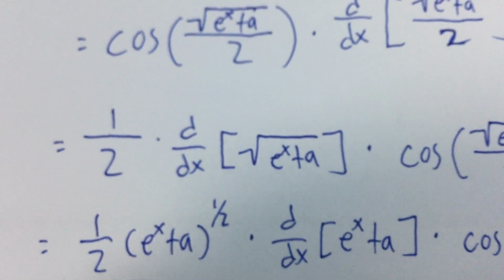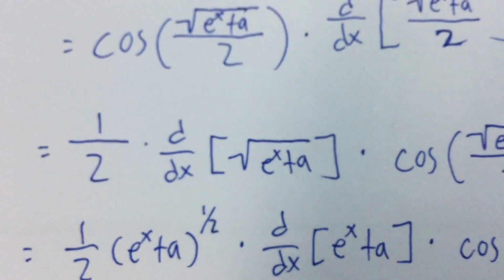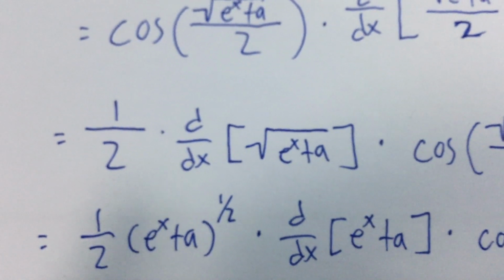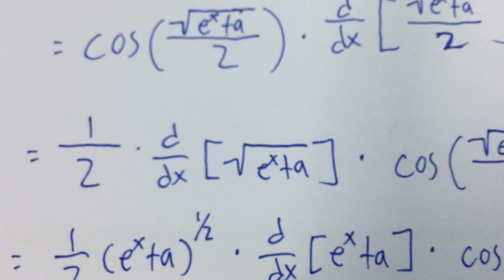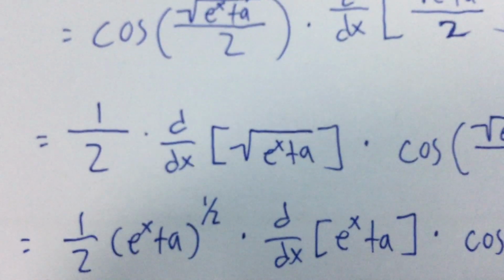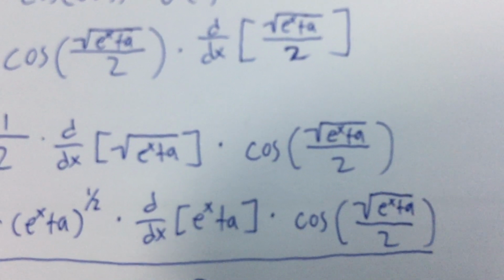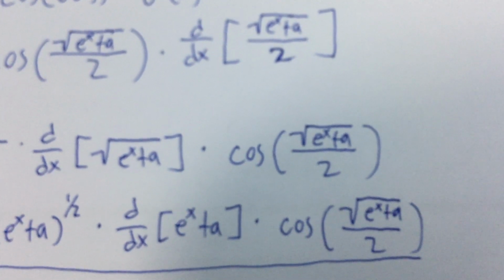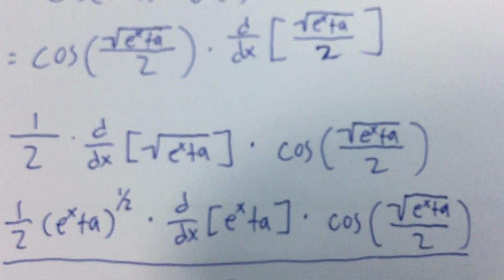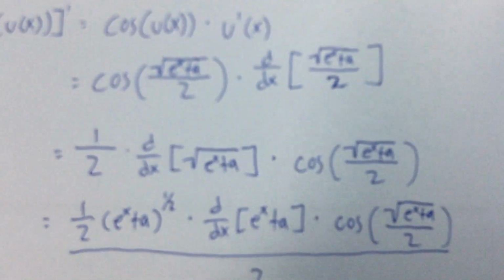So here it is: 1/2 times (e^x plus a) raised to 1/2, times the derivative of e^x plus a. The power 1/2 is the other form of the square root.